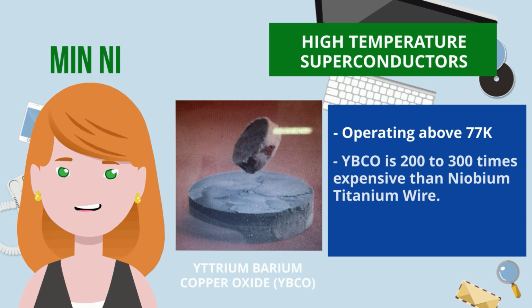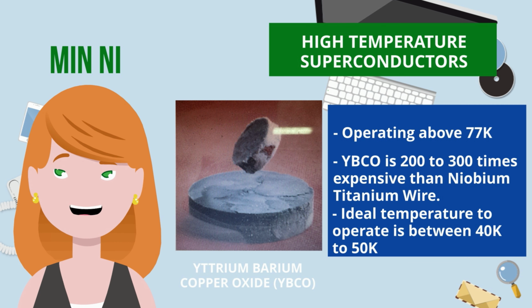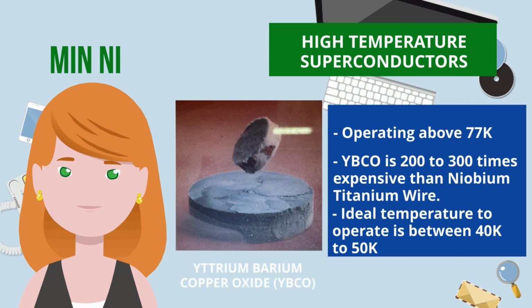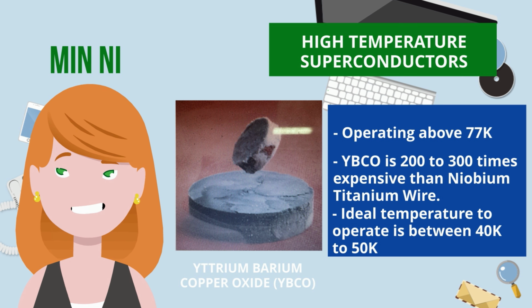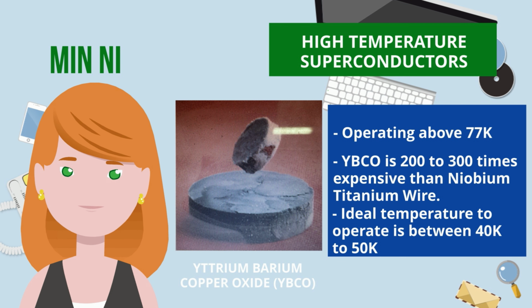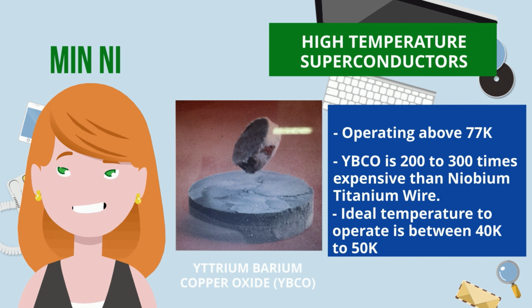Next, for the high-temperature superconductors, one way of eliminating the need for helium in MRI scanners completely would be to use high-temperature superconducting materials such as yttrium barium copper oxide, YBCO tape.